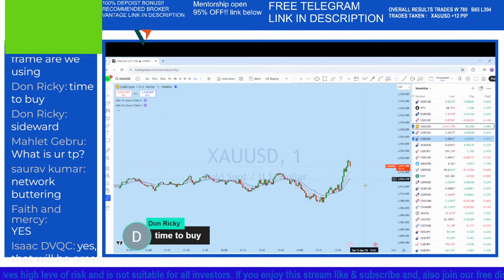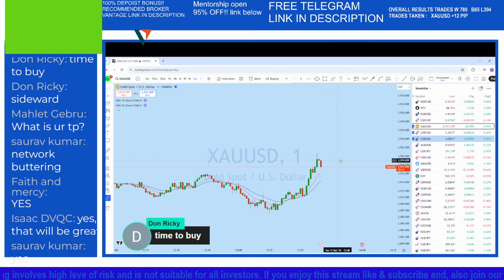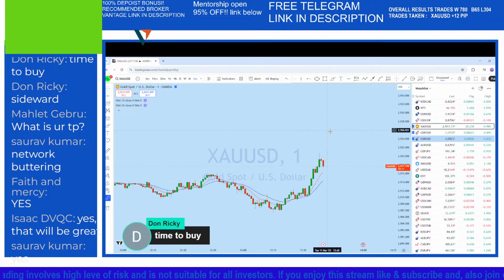So here we can see the market is potentially breaking out of that structure. Here we have seen a complete breakout.